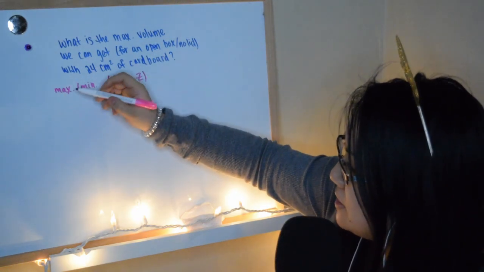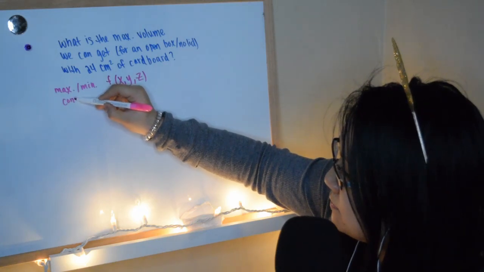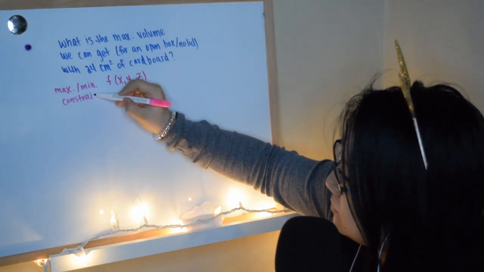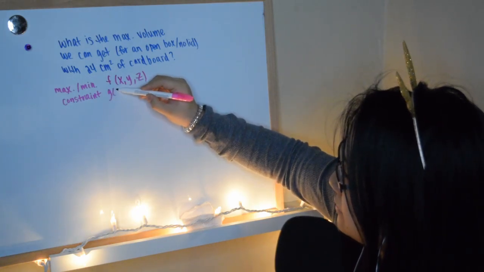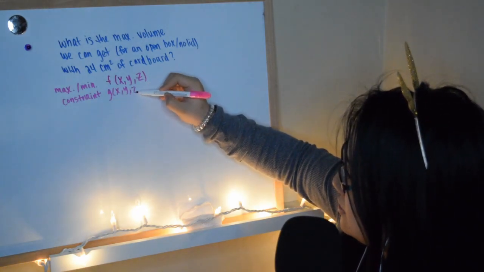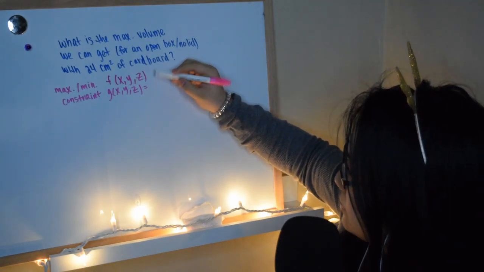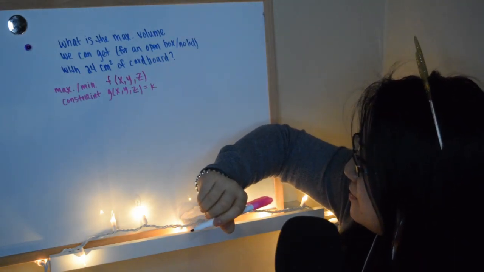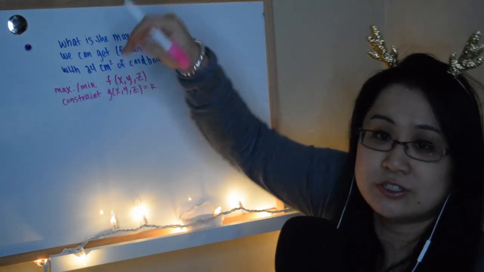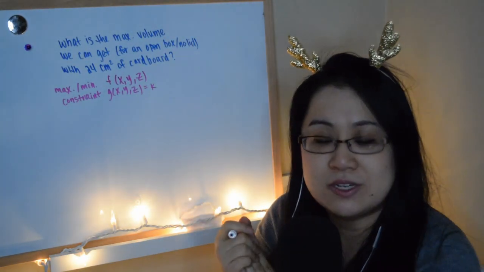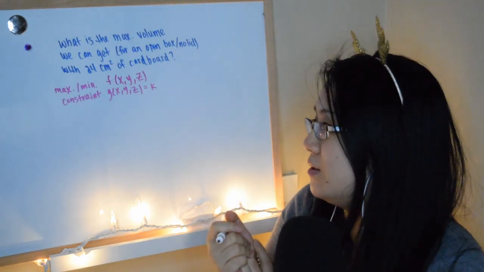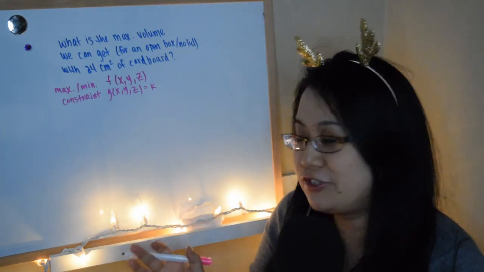And then there's going to be a constraint, and that's going to look like g of x, y, z equal to some kind of constant k. So that's the general idea. We are trying to maximize or minimize some kind of function given a particular constraint.